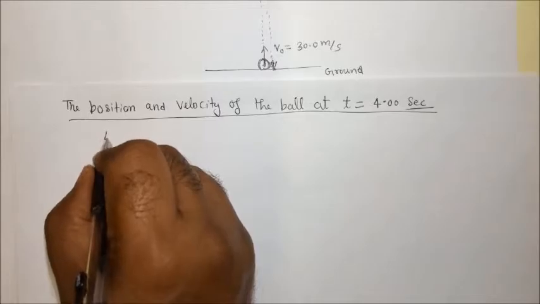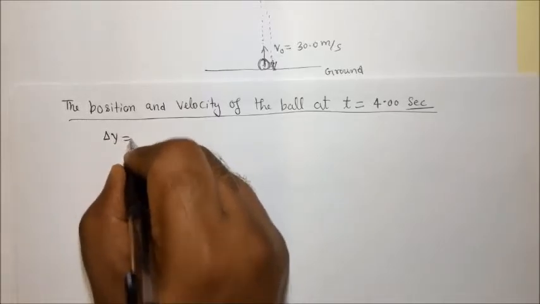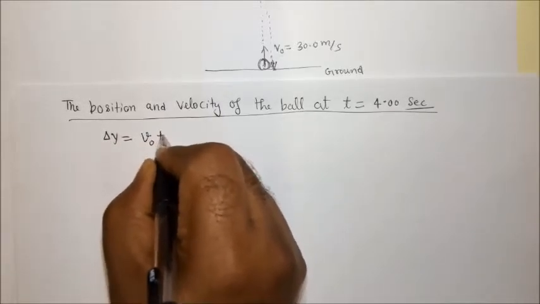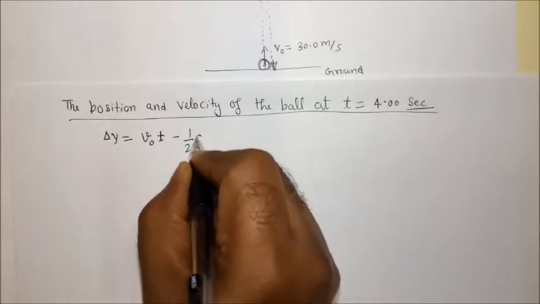We can find position using delta y is equal to v initial t minus half g t square.